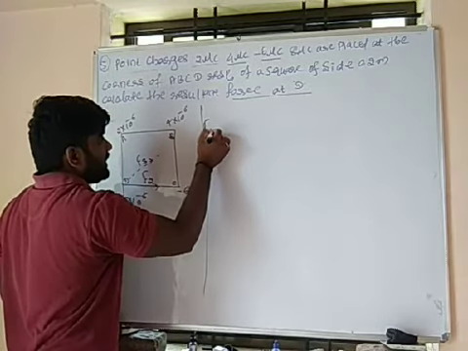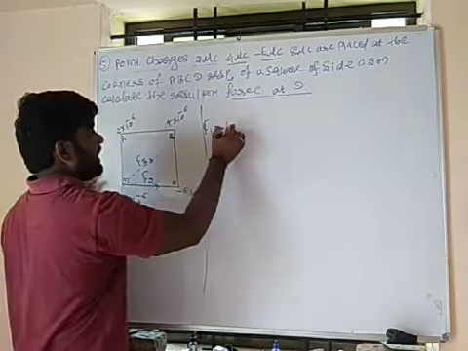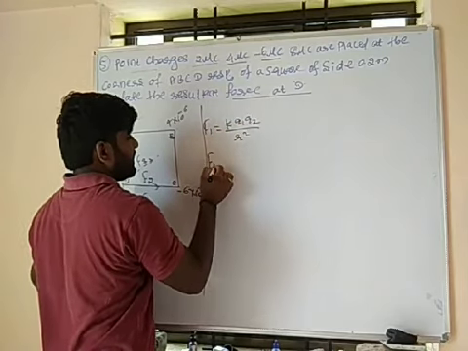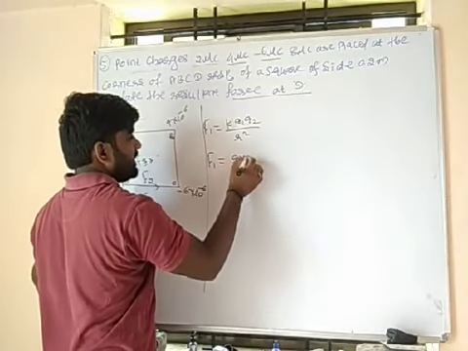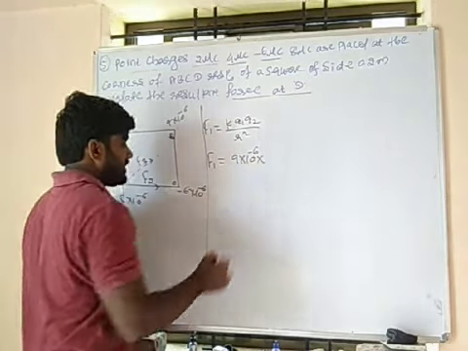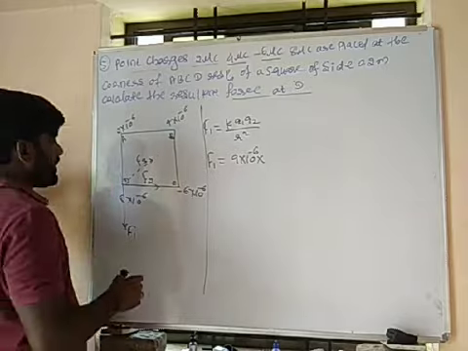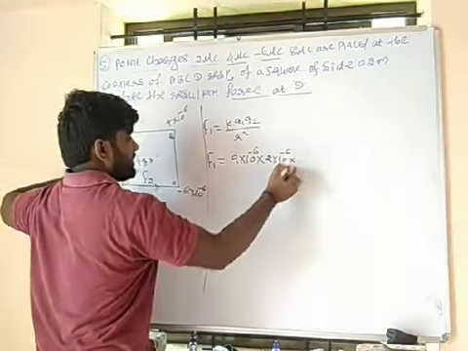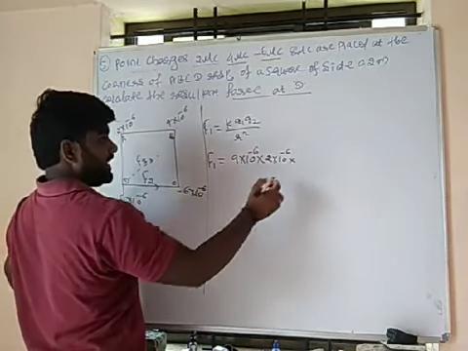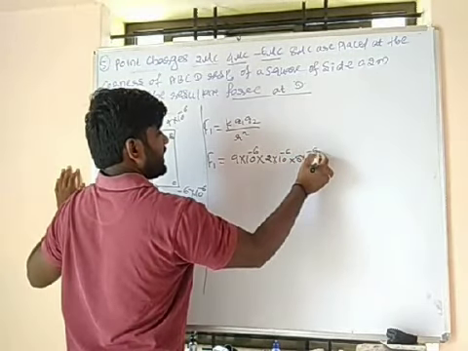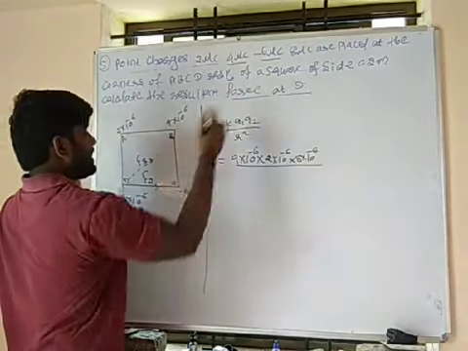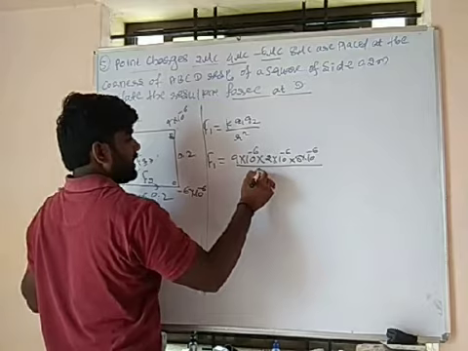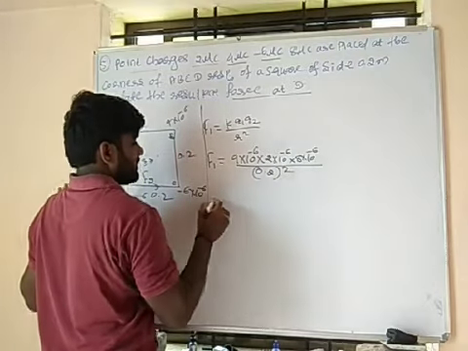So F1 is equal to K Q1 Q2 divided by R square. Then this F1 is equal to 9 into 10 to the power 9 into Q1, Q1 means 2 into 10 to the power minus 6, into 8 into 10 to the power minus 6, whole divided by the side 0.2, it will be 0.2 its square.